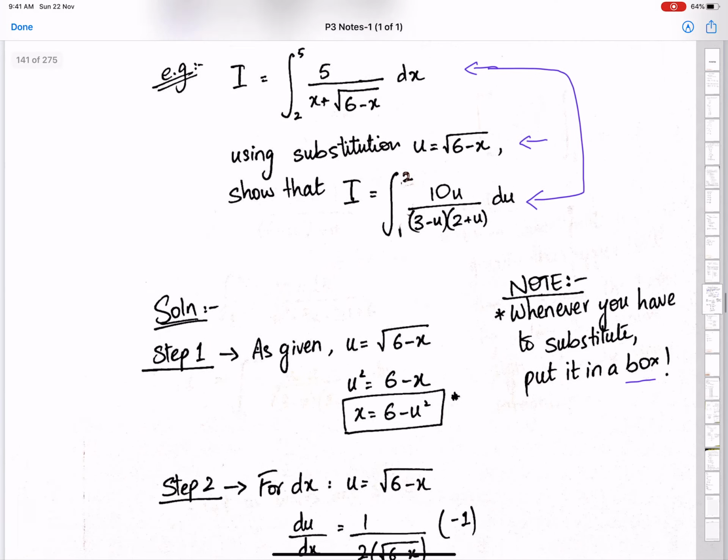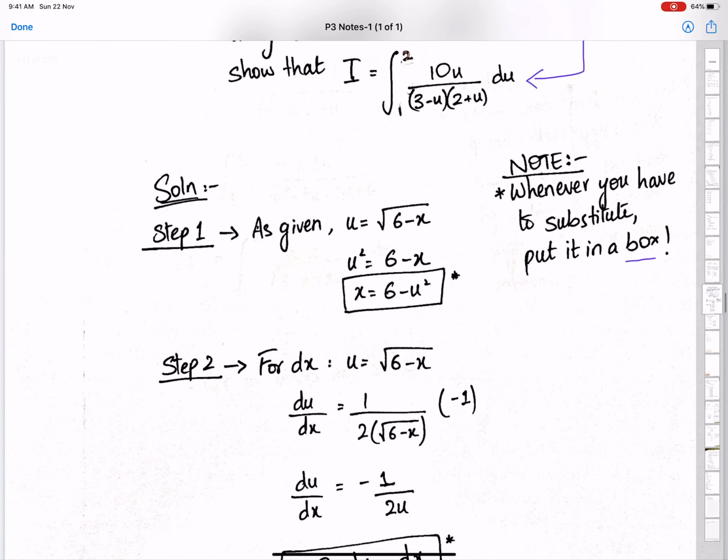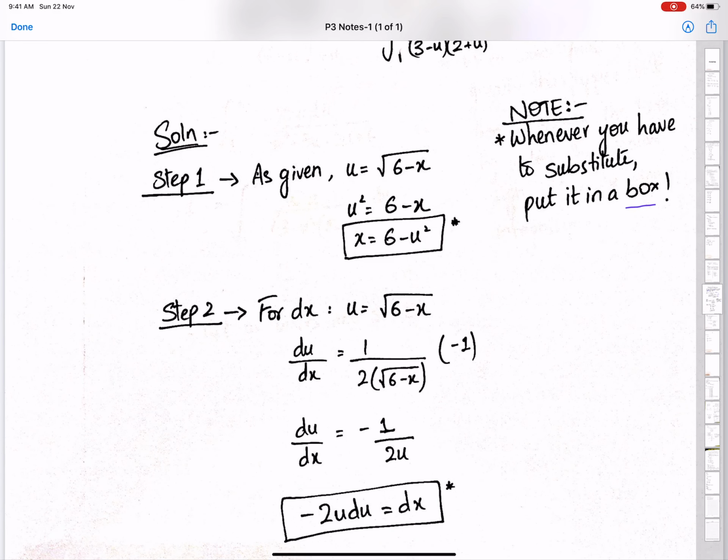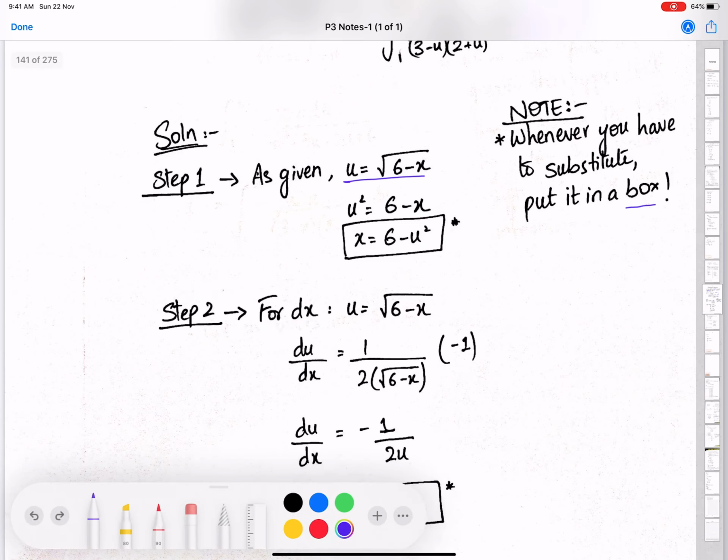Now this is important. There are 3 steps for substitution. Step number 1, this is given, so remember the function will always be given. You just need to differentiate the given function for dx to get the integral operator dx. So always differentiate the given substitution for dx.